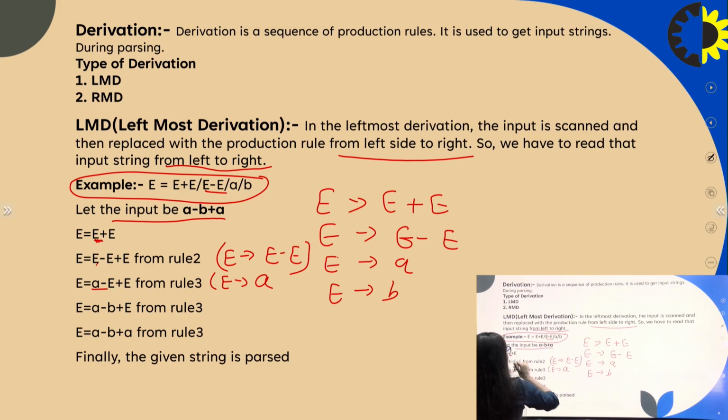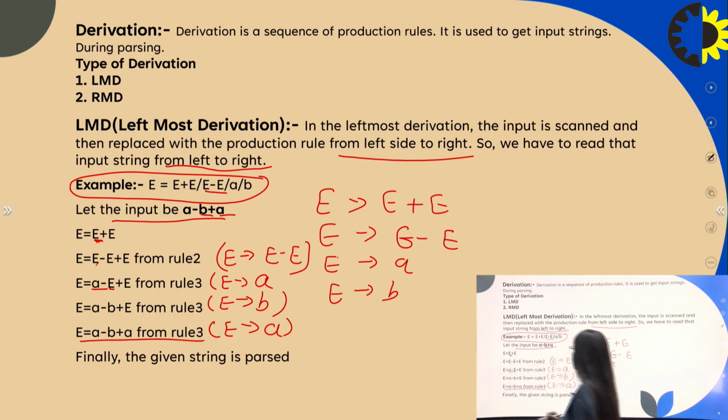Then we want b plus, so E is replaced by b. And then we want a, so E is replaced by a. Finally, the given input string is parsed.